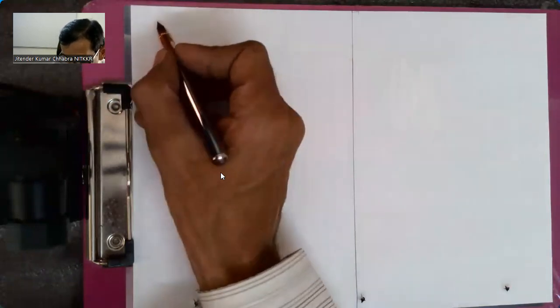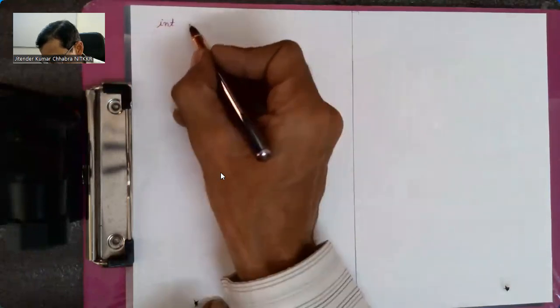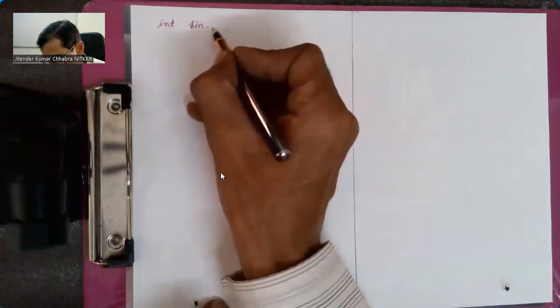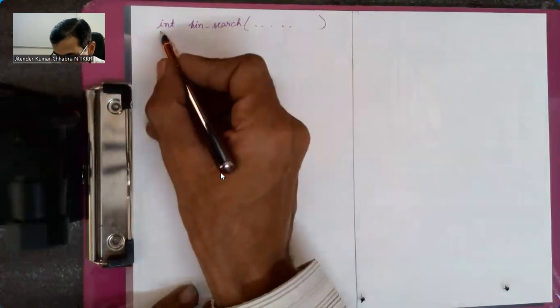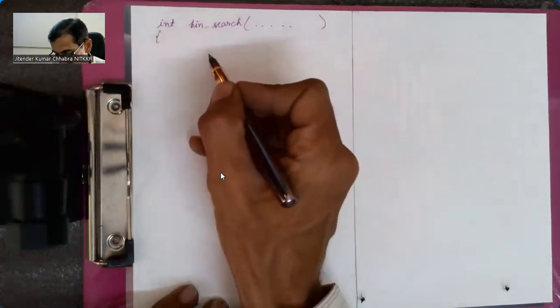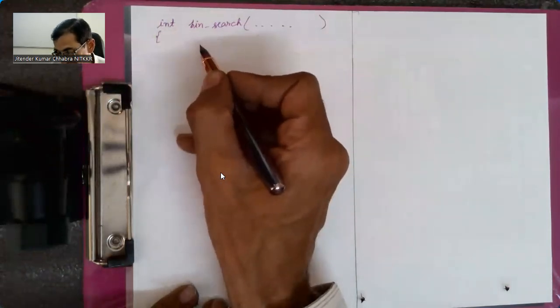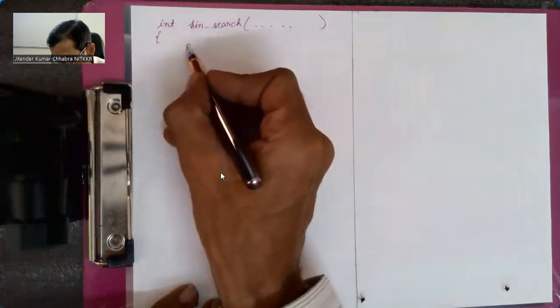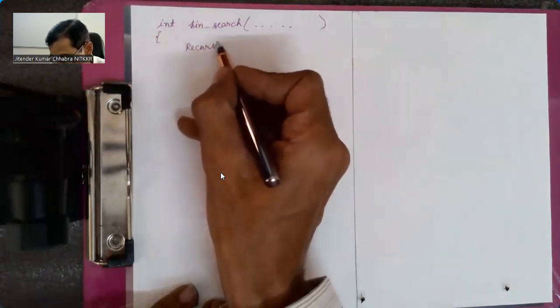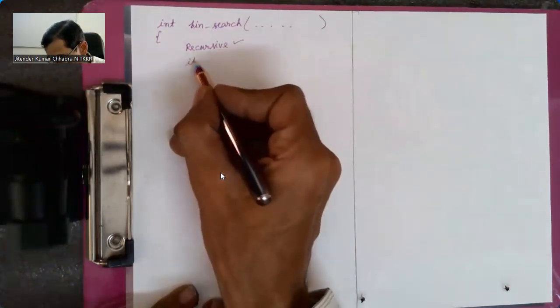So if I have to do programming, of course, I will make a function. Just like linear search, it will be called binary search now. What parameters I need, I can accordingly decide and plan. First of all, whether I have to repeat the process or not, accordingly I have to make the logic. So this can be recursive, as we have said, repeat the same process, or it can be iterative also.